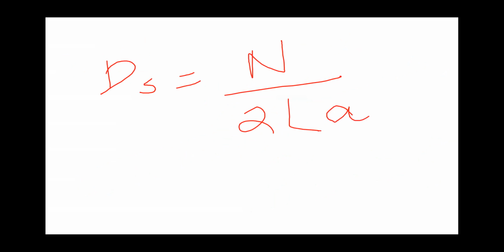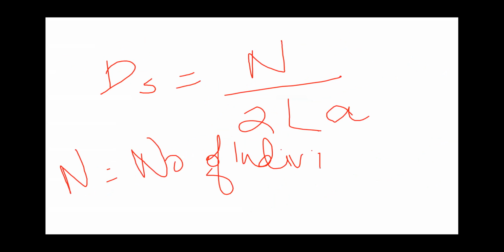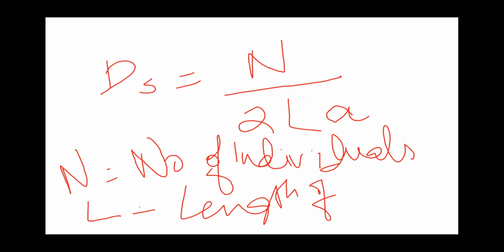So population density is equal to n, where n is the number of individuals we encountered. जो हमें इंडिविजुअल्स मिले पूरे लाइन ट्रांजेक्ट के दौरान, वो सारे नंबर n होता है. This is 2L. L is the length of transect, जितना ट्रांजेक्ट हमने ट्रेवल किया है उसकी लेंथ. And A, A is important actually.